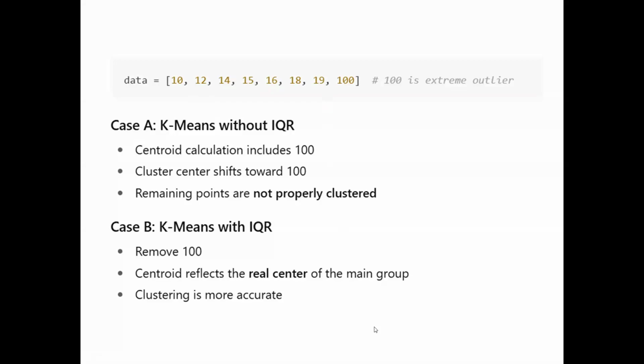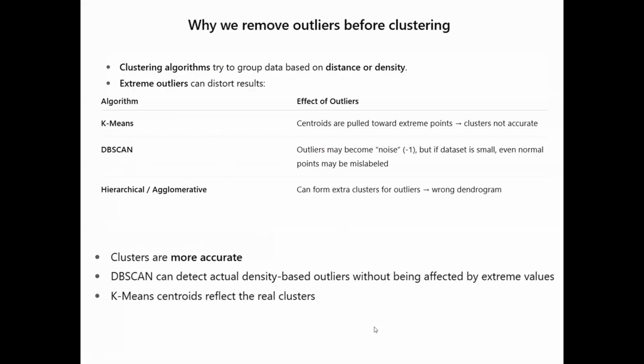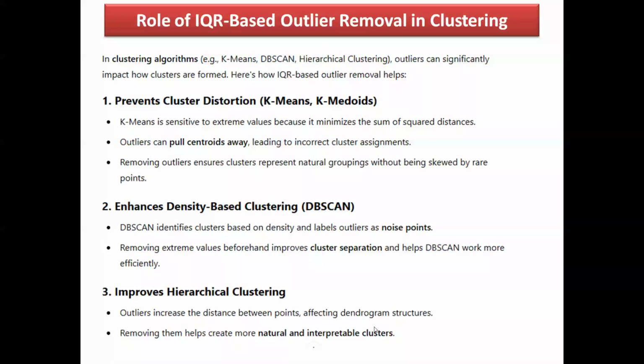So this is the first step. You can see these are different approaches and aspects I have written here for understanding. I will share this presentation with all of you so that you will be able to work. Role of IQR analysis for outlier removal in clustering.